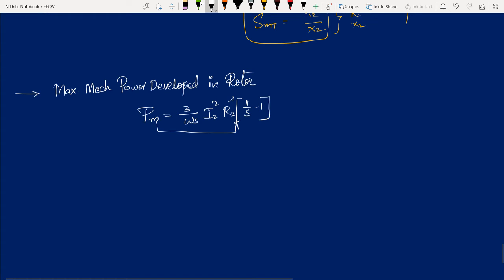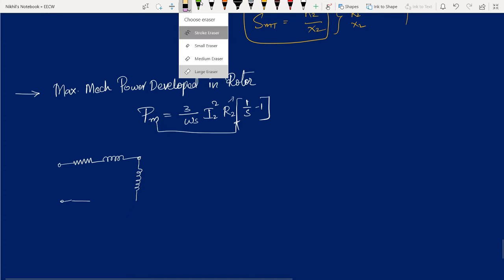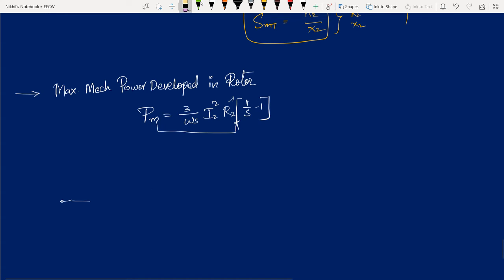So I will redraw the circuit with the stator parameters R1, X1. First we are interested in doing it with only rotor parameters considered, isn't it? So I will just draw only the rotor side diagram.